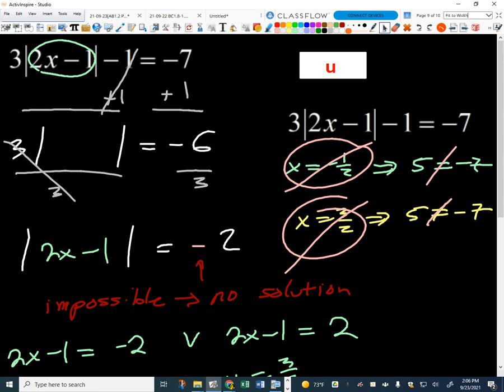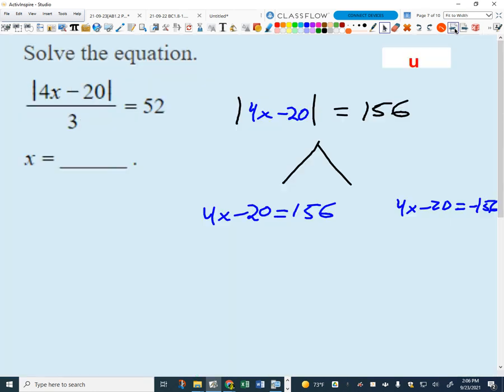Once I get the absolute value by itself, well, this was a bad example because this one was impossible, because I had the output of an absolute value equaling negative 2. But if I go back a little bit, to here, for example, we isolated the absolute value. The absolute value of 4x minus 20 equals some positive number. Then what?